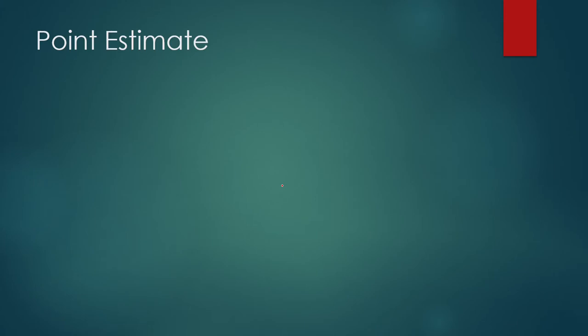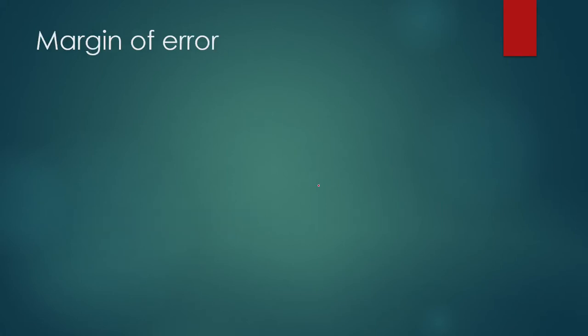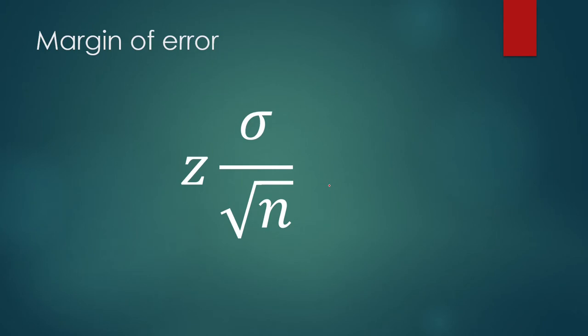X bar is also known as the point estimate, the center of our interval, and the margin of error is the z times sigma over the square root of n part of our equation.